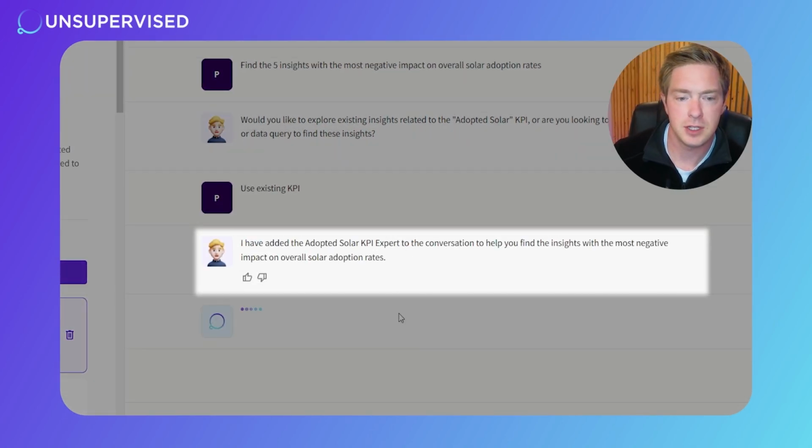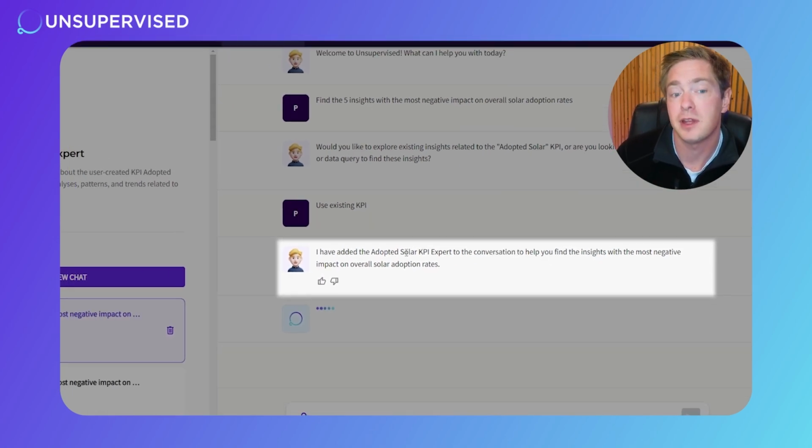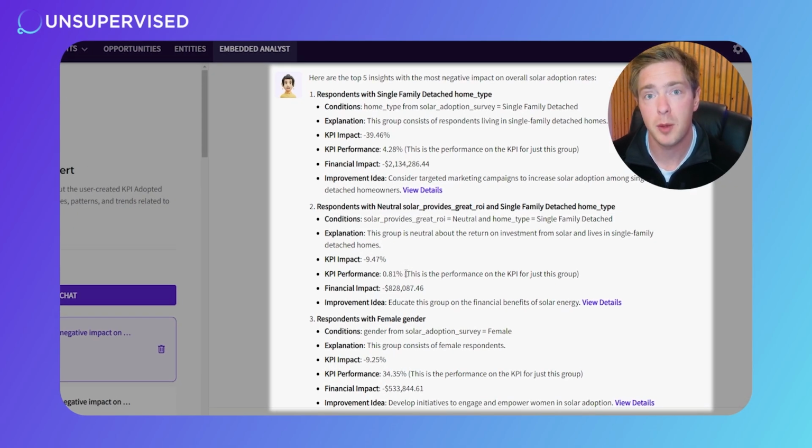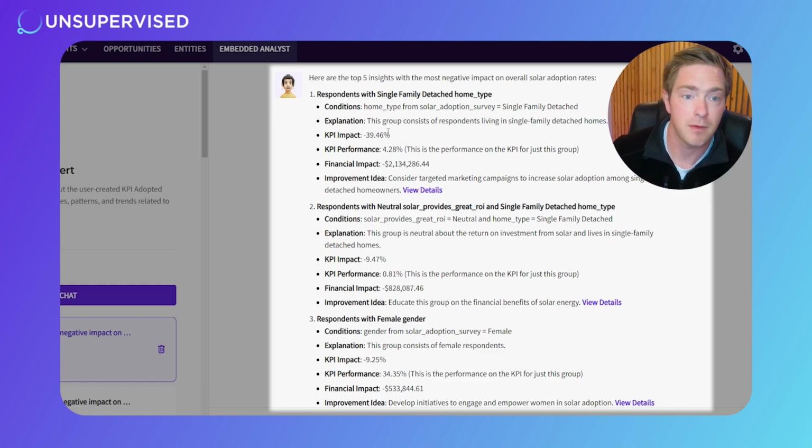Now, the next thing you'll see it do is it's going to bring in the specific AI analyst that's well-versed in solar power industry and KPI as a whole so that it can help discuss with me the different insights that we're finding. And here you can see the analyst has brought back the different insights that it wants me to look at. The first couple as we go through here are people living in single-family homes have a very low KPI performance.